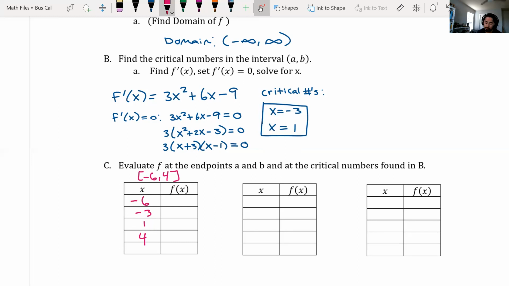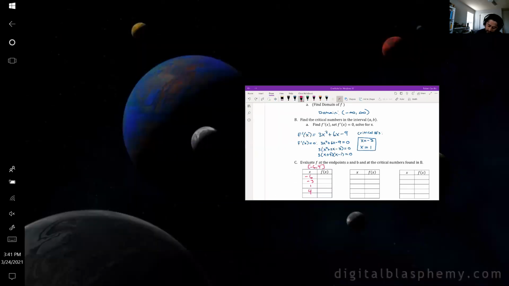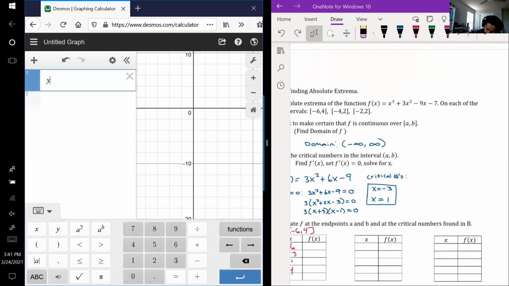Okay, so now what we're going to do is take all these values and plug them into the original function. So lovely Desmos, always. Behind this, hide video panel, hide that, get that out of the way. Okay. So I'm going to type in the function we were given. X cubed plus 3x squared minus 9x minus 7.